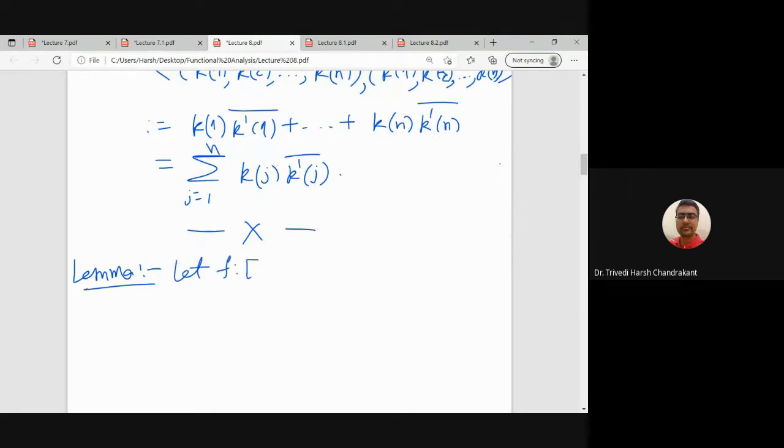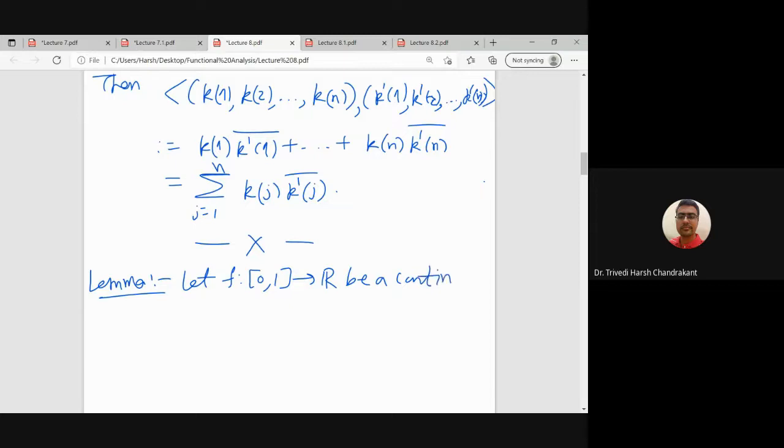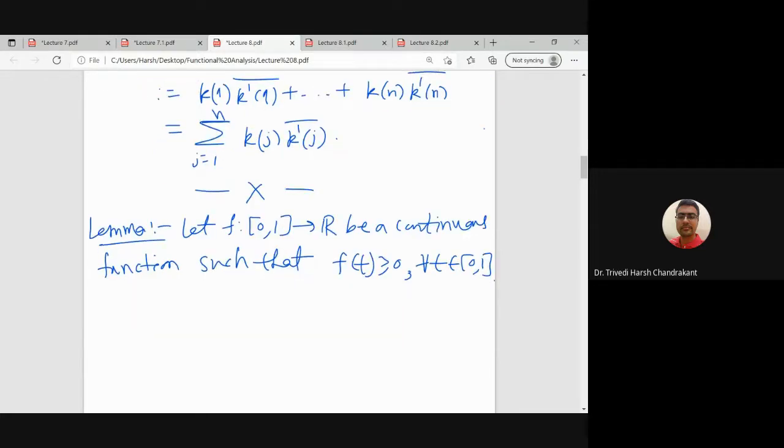If we have a function from the closed interval [0, 1] to R, so we have a non-negative continuous function. We are taking the closed interval [0, 1], but we can in fact take any closed interval [a, b]. This works there also.